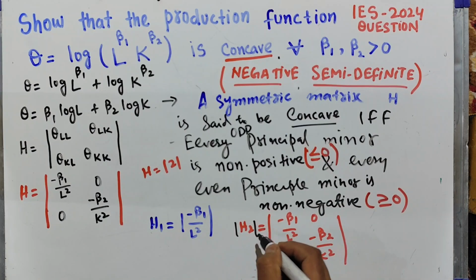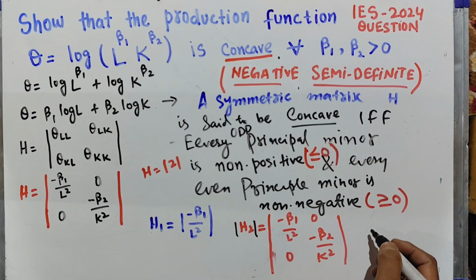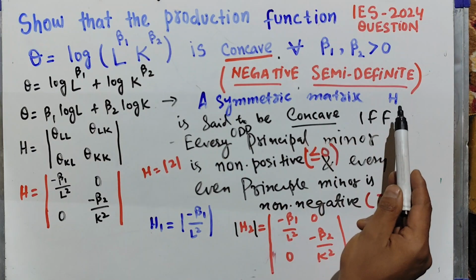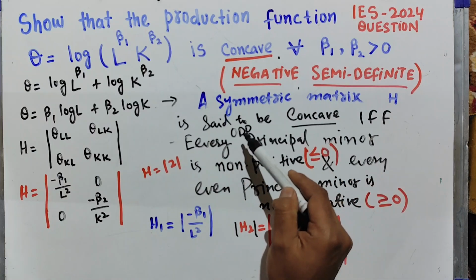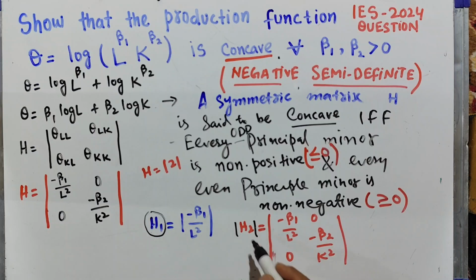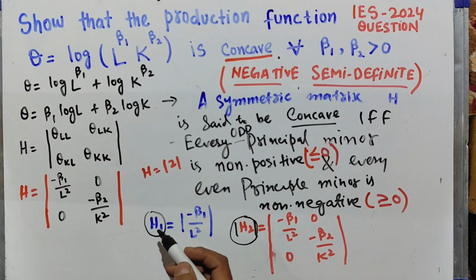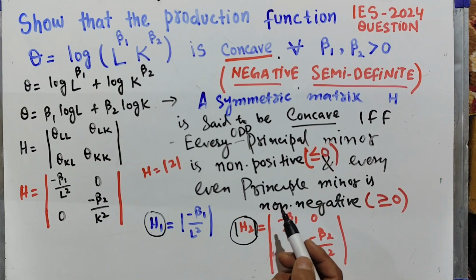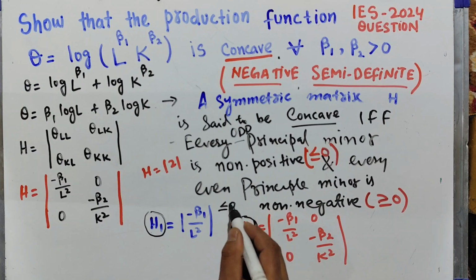Now the determinant of H2 means the determinant of H, which is what I am trying to prove here. I am saying that a symmetric matrix H is said to be concave if every odd principal minor is non-positive, that is less than or equal to 0, and every even principal minor is non-negative, that is greater than or equal to 0. Here I only have two principal minors, obviously, because I have a 2 by 2 matrix.